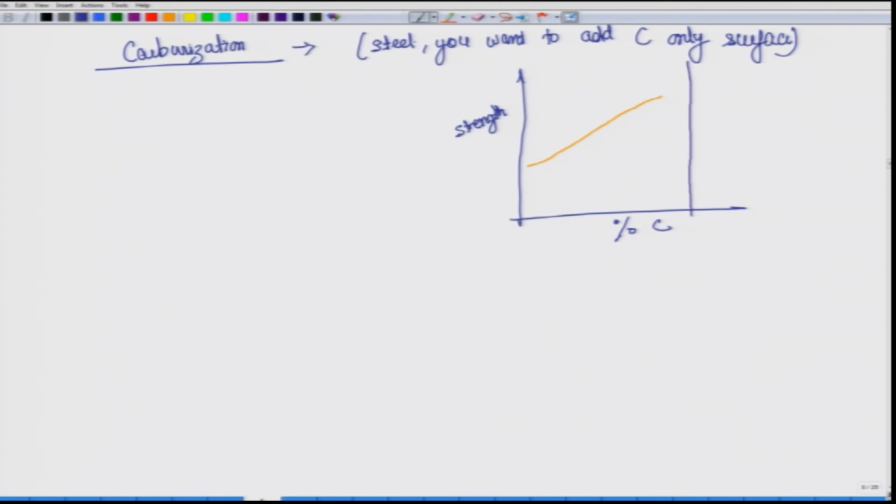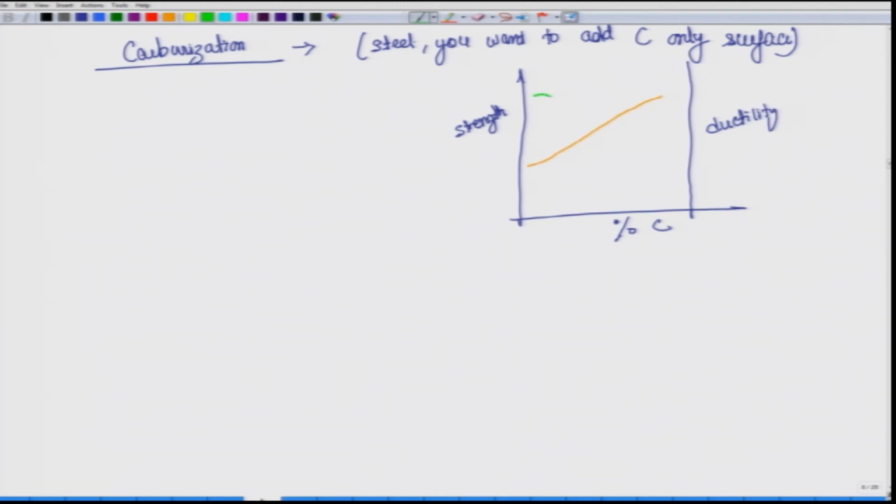On the other hand, if you look at ductility, at this point you would be imagining, okay, very good, we can keep the carbon percentage throughout the material very high and we will get very high strength. But then when you look at the ductility plot, you would realize that it is not always a good thing.